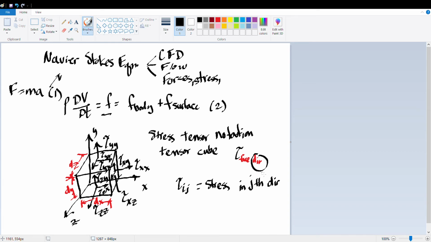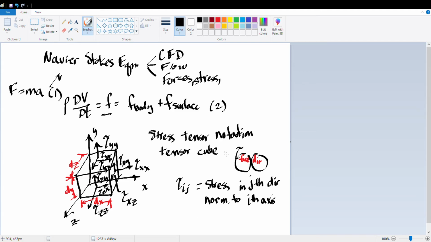This is the j right here, and the face normal to that is the i. So that's the i. All right.